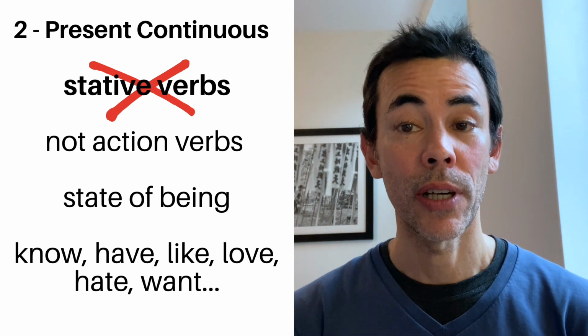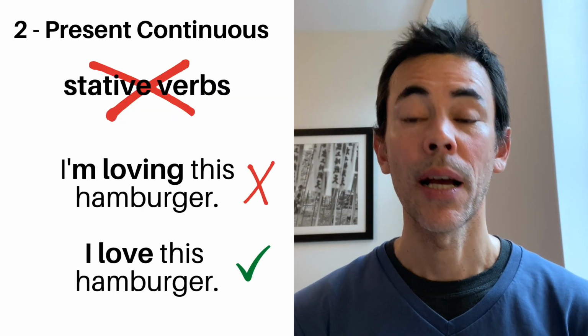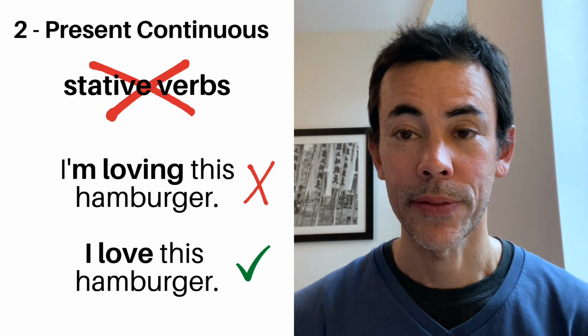These are just a few examples. For these stative verbs or state verbs, we use the present simple, not the present continuous. For example, you can't say, I'm loving this hamburger. You should say, I love this hamburger.